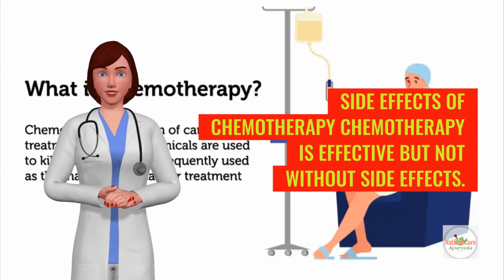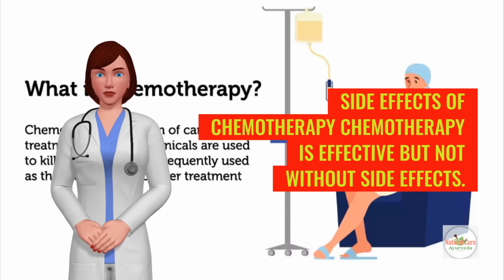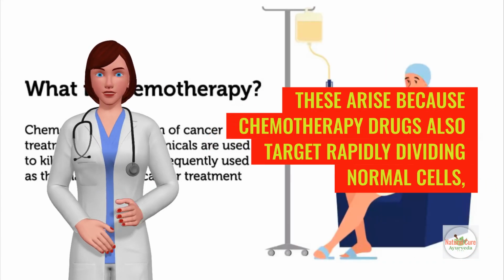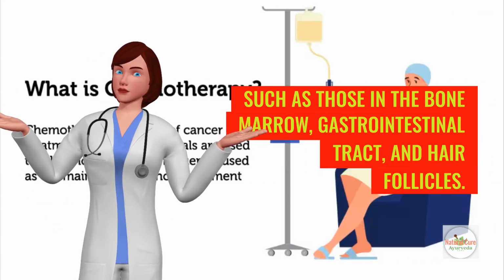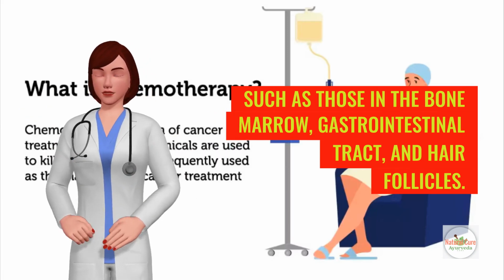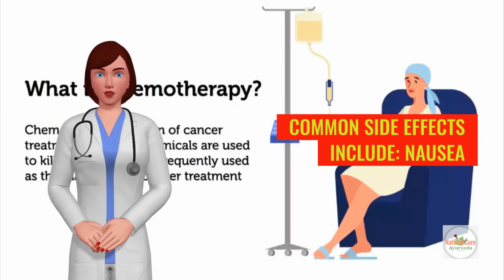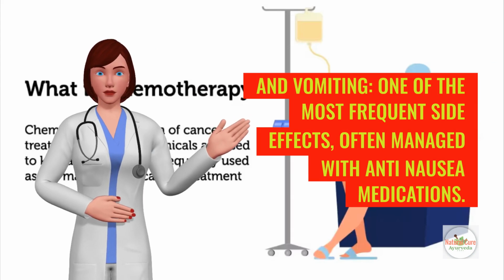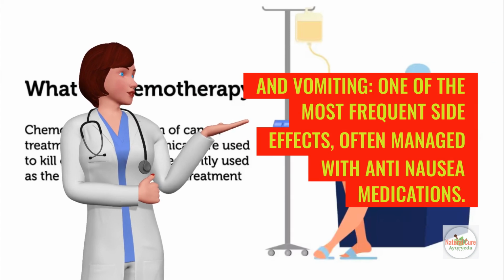Side effects of chemotherapy. Chemotherapy is effective but not without side effects. These arise because chemotherapy drugs also target rapidly dividing normal cells, such as those in the bone marrow, gastrointestinal tract, and hair follicles. Common side effects include nausea and vomiting, one of the most frequent side effects, often managed with anti-nausea medications.